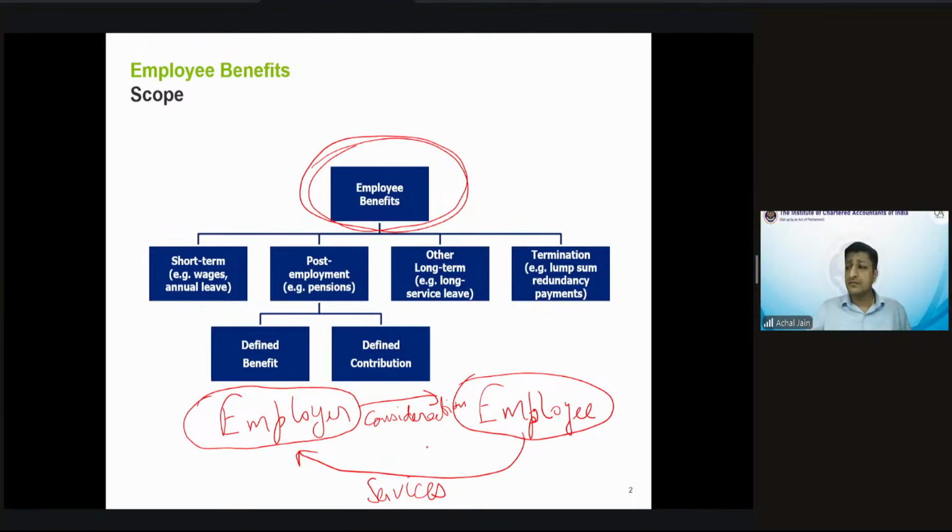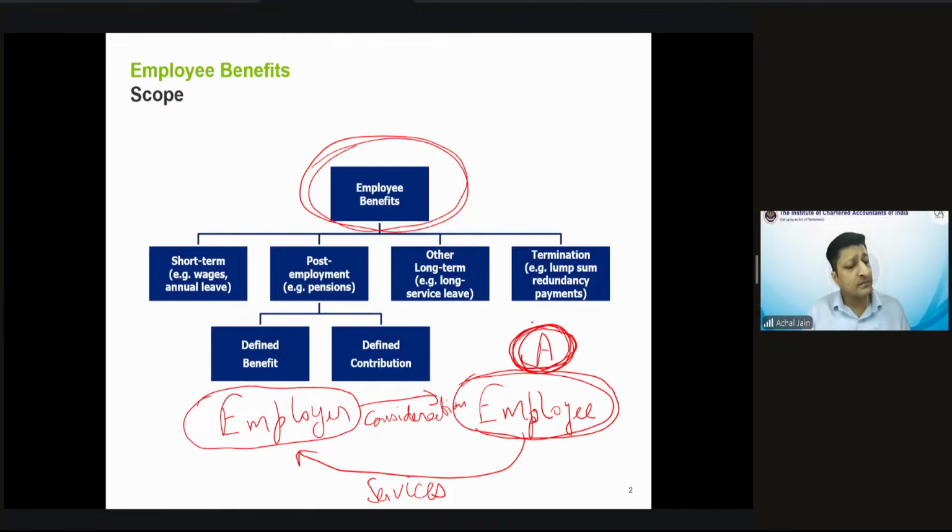The important part is that there has to be an arrangement between the two parties wherein this party, let's suppose A, becomes the employee of the employer. Only when this party is considered an employee will this benefit be called an employee benefit, otherwise not.